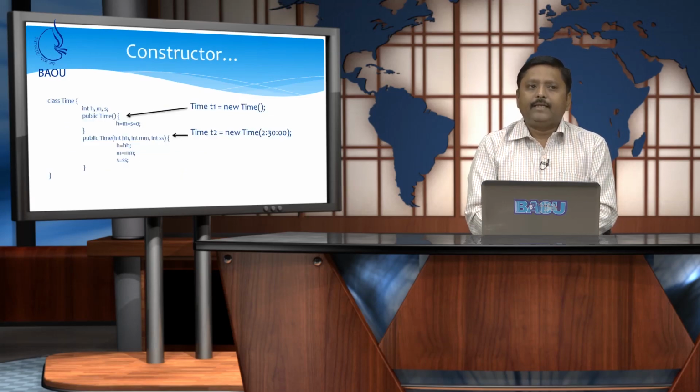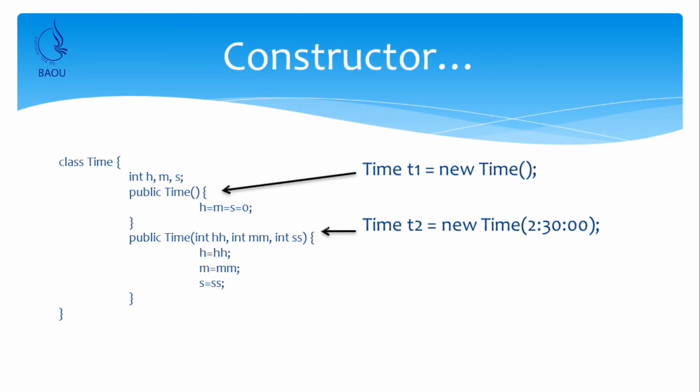Now, we take one example so that you can understand better. Here we have a class with the name time and it has 3 instance variables, where h represents hour, m represents minutes and s represents second. And here I write one constructor with no argument, which is also known as a default constructor.